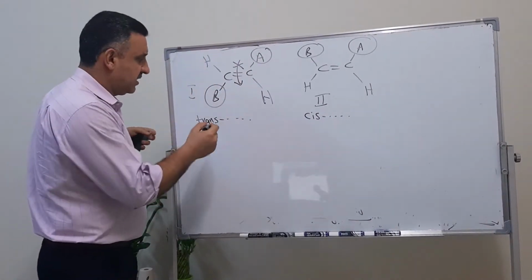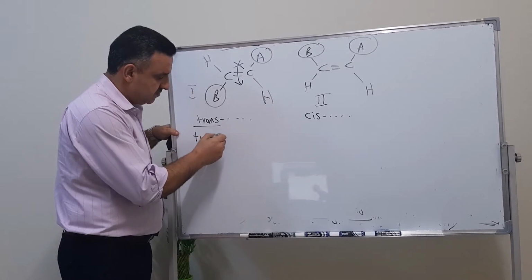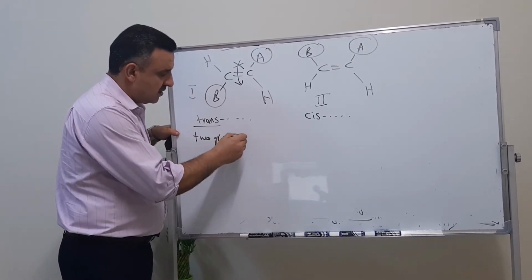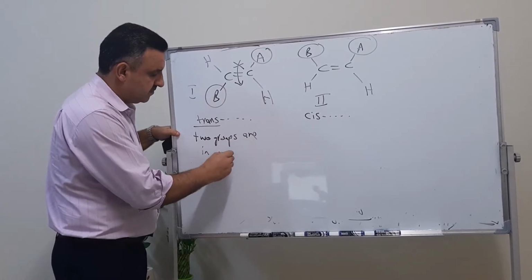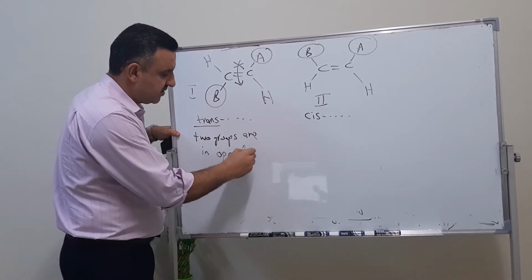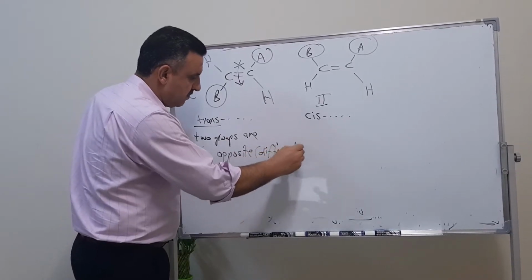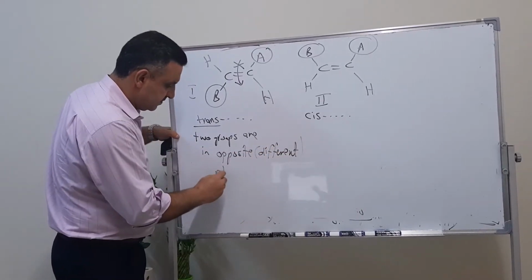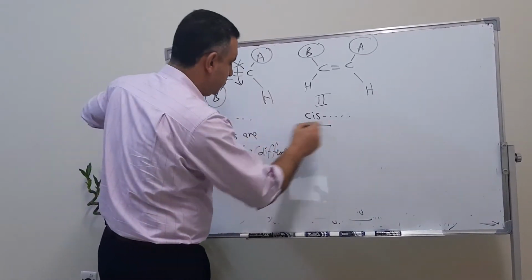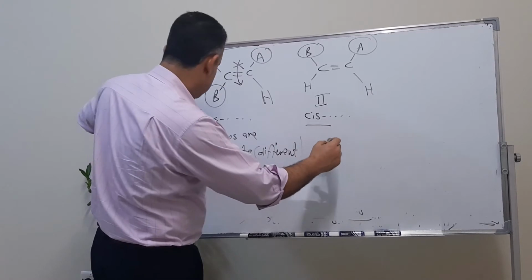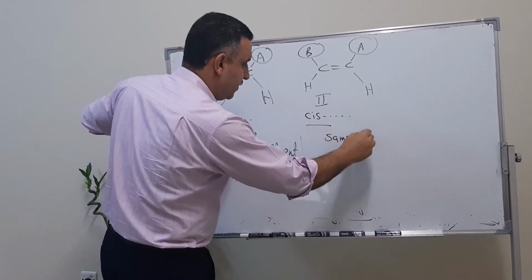Now again, trans means the two groups are in opposite or different planes or phases, while cis means everything is the same, but the two groups are in the same plane.